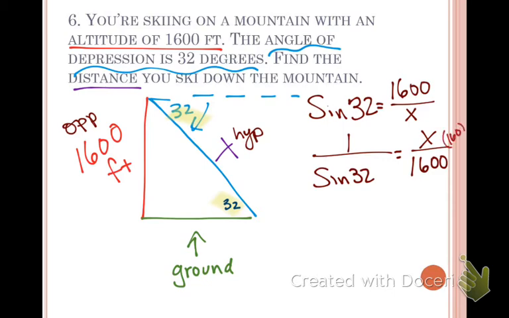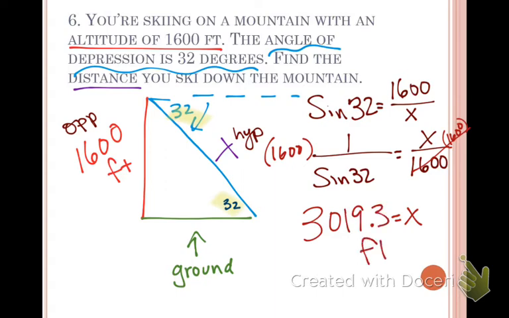Multiply both sides by 1,600 after you flip. We're going to round to the nearest tenth. 3,019.3 feet. Sounds ridiculous as an answer, but you are skiing. And you were at 1,600 feet up. So that is where we're going to pause today.